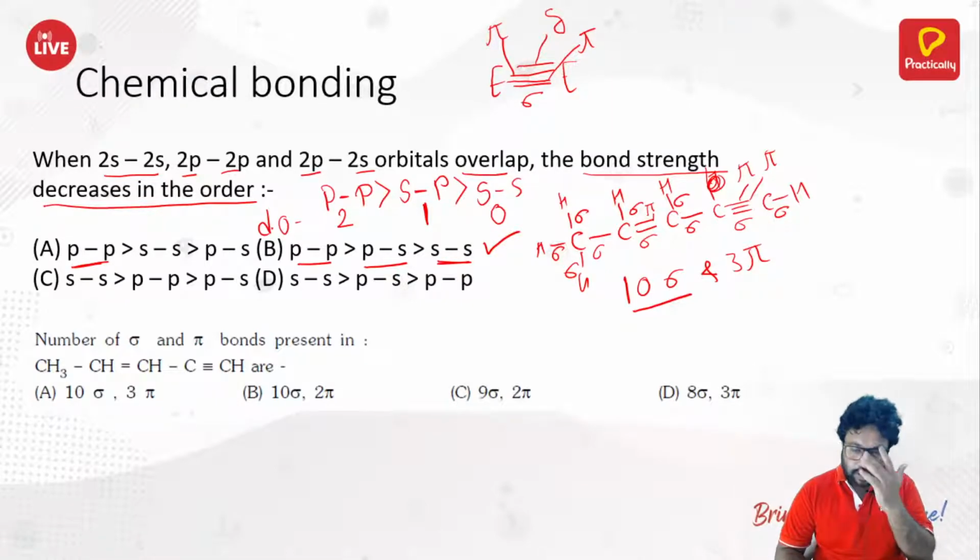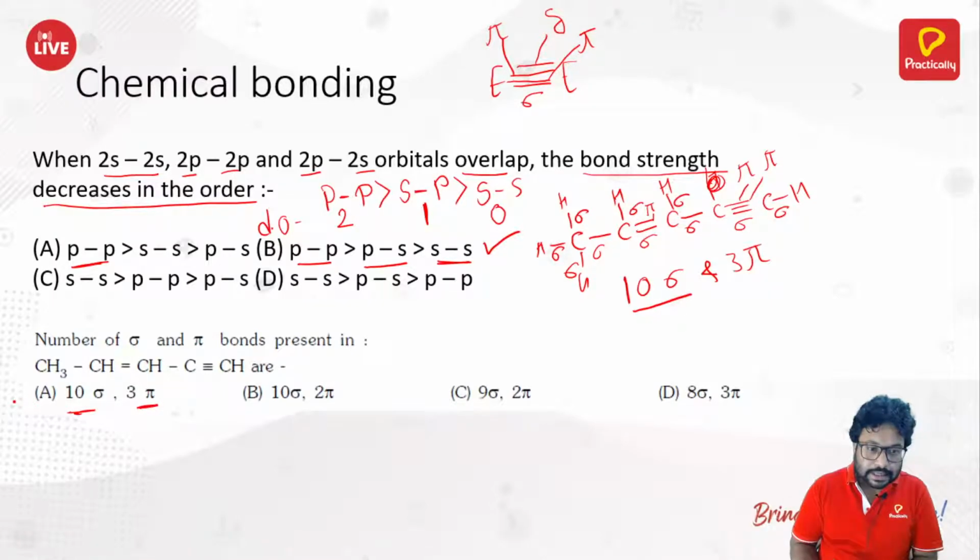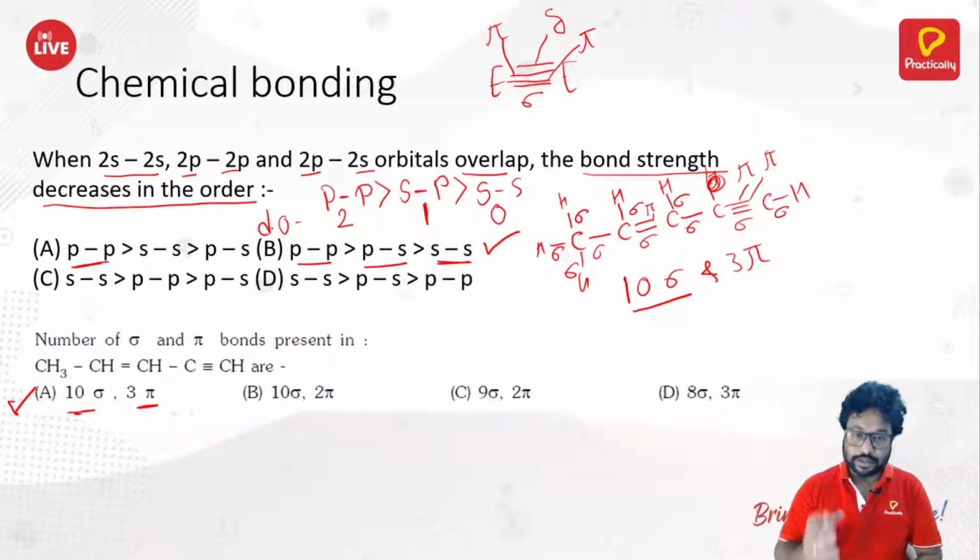In our compound we have one triple bond and one double bond. Each triple bond has 2 pi and the double bond has 1 pi. So together we have 3 pi and 10 sigma, and that is why option A suits this. That is why our answer has to be this one.